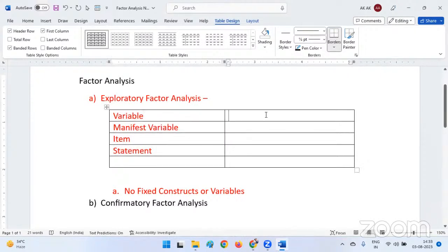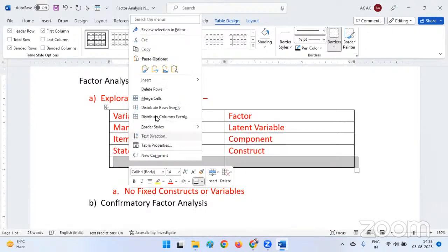But when we say construct, factor, latent variable, component: these are also one and the same thing.